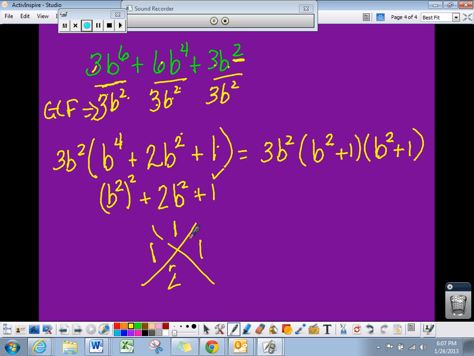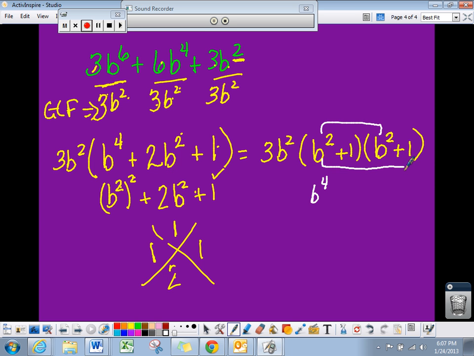And we can always check to make sure, because we had b to the second to the 4th. This is the same thing as saying b to the second squared, and so that's a perfect square. 1 is a perfect square, so when you multiply those two together, you're going to get the middle term. Let's check to make sure. B times b is b to the 4th.